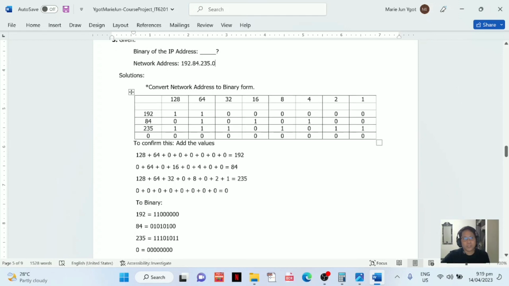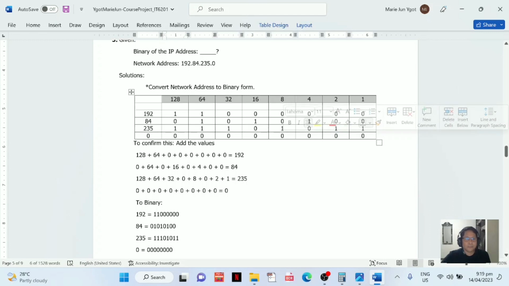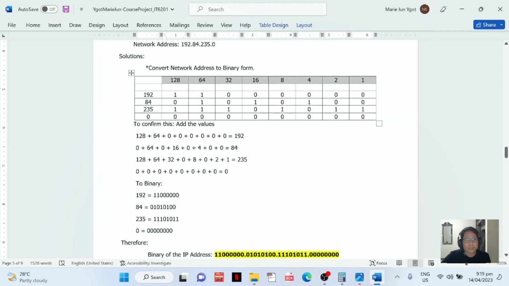So first, we need to convert the network address into binary form. Using our table here, we can understand this easily again. So we need again these values here.